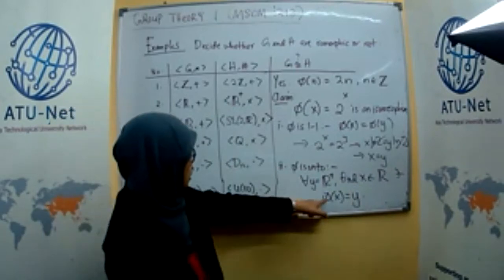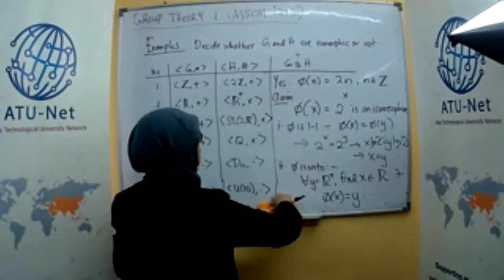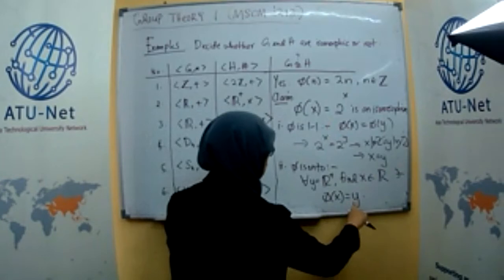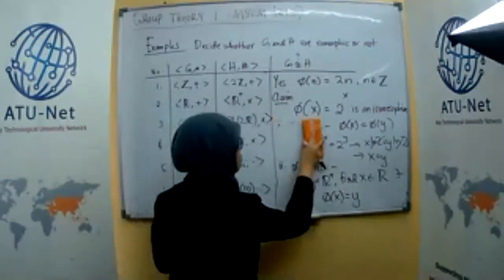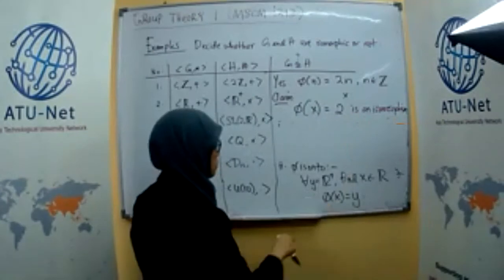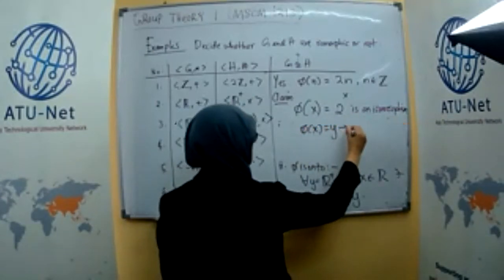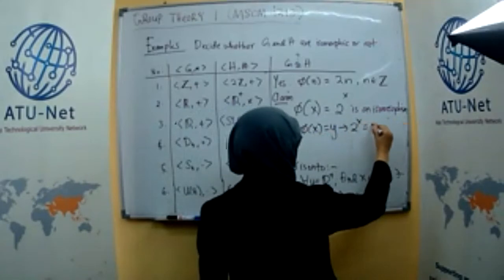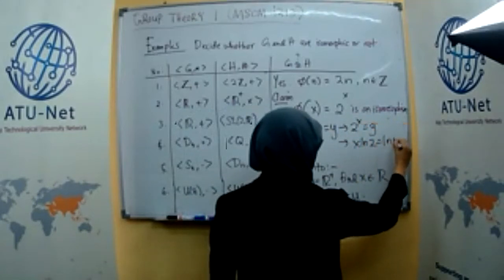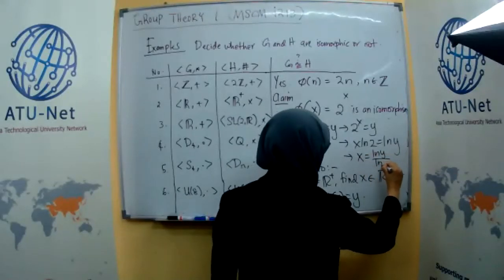Okay, so you put in the formula. I will erase this, one-to-one. So phi x is y implies 2 to the x is y, implies x ln 2 is ln y, implies x is ln y over ln 2.